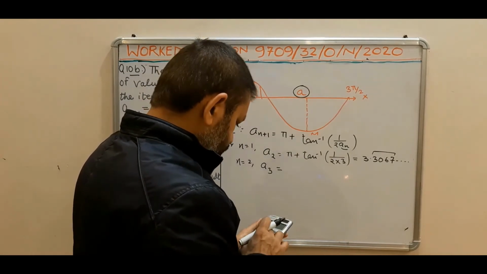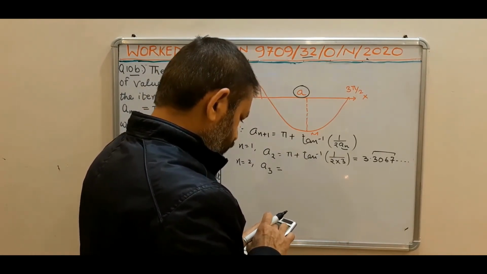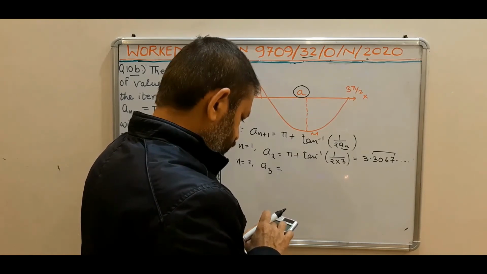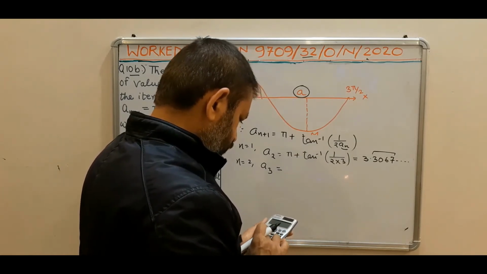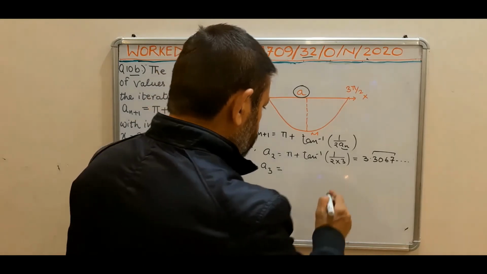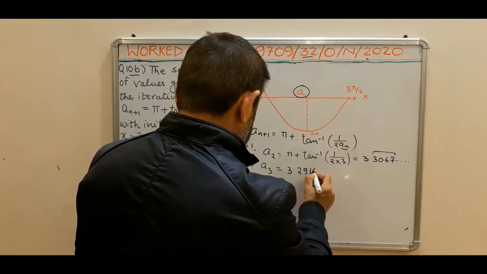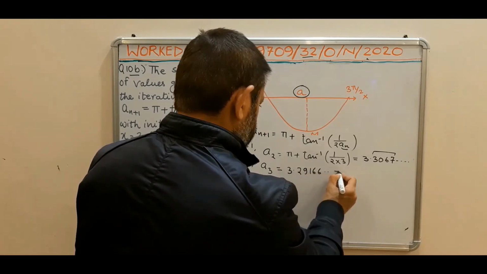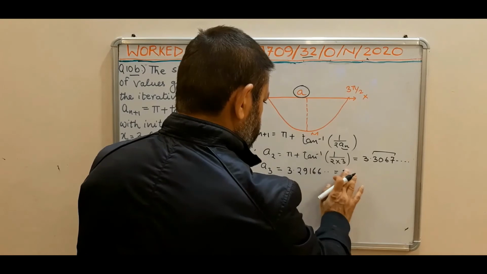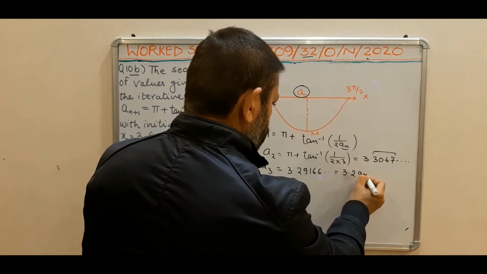So it will become 3.29166 and so on. So up to 4 decimal places it will be 3.2917.